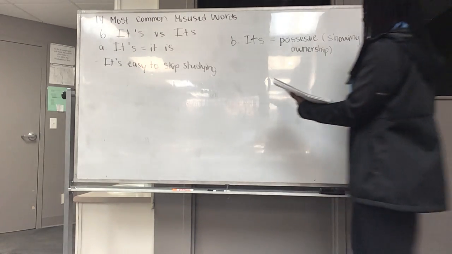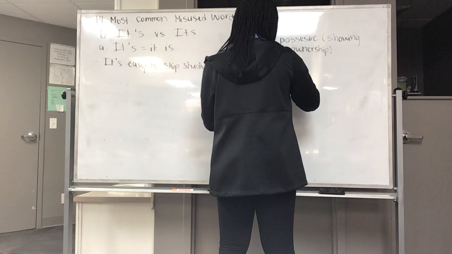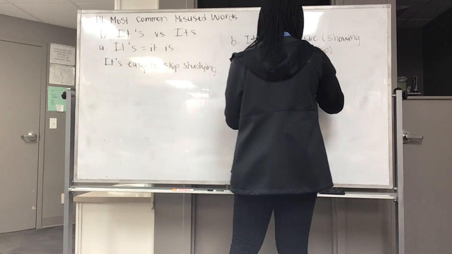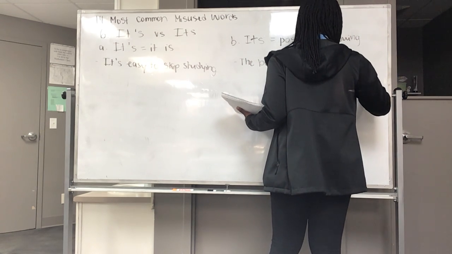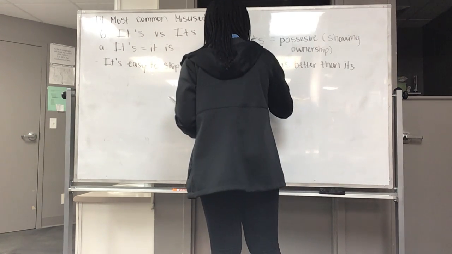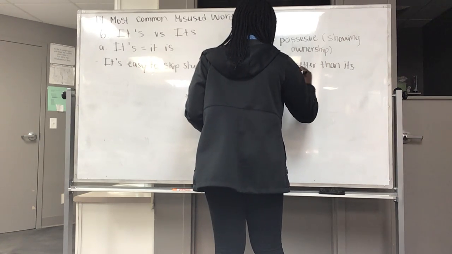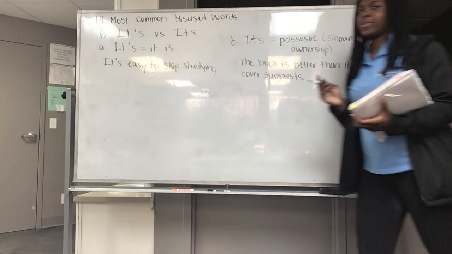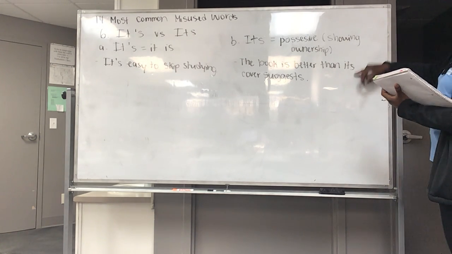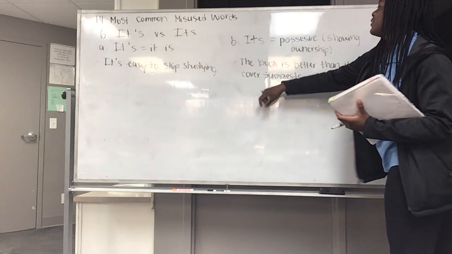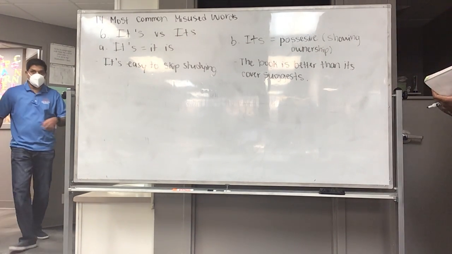So my sentence is, the book is better than its cover suggests. So we use the word its to show that the cover belongs to the book, its possession.